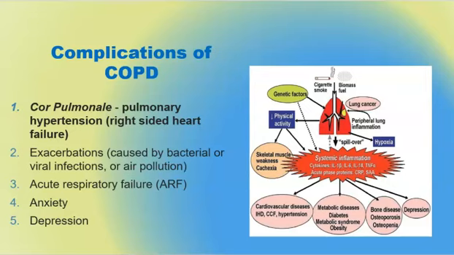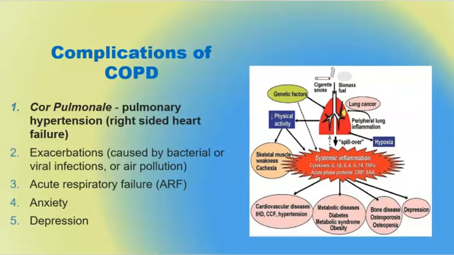So how does COPD cause cor pulmonale? Well, this occurs when low oxygen levels due to COPD cause a rise in blood pressure in the arteries of the lungs. Okay, that's known as pulmonary hypertension. This increase in pressure places excess strain on the heart's right ventricle as it works to pump blood through the lungs.